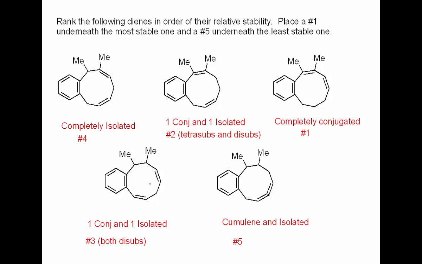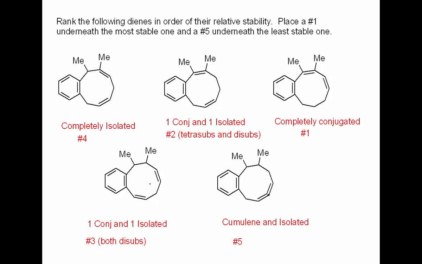All right. So this is how we're going to rank it. Number 1 is the completely conjugated system in the upper right. Number 2 is the one that's conjugated once and has the tetrasubstituted alkene group. Number 3 is the one that's singly conjugated also, but only has disubstituted alkene groups.